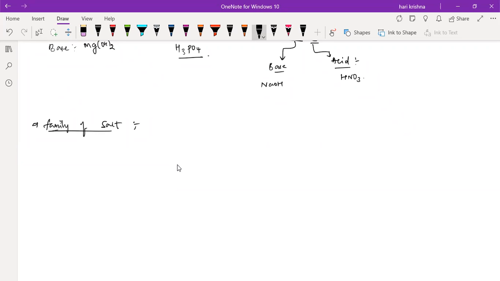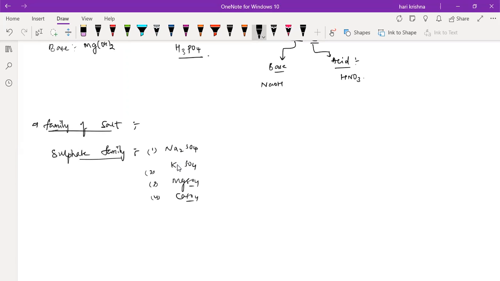Understanding? Suppose you take the sulfate family. The sulfate family salts are Na2SO4, K2SO4, MgSO4, CaSO4. What is common among all the salts? Sir, SO4, sulfate.